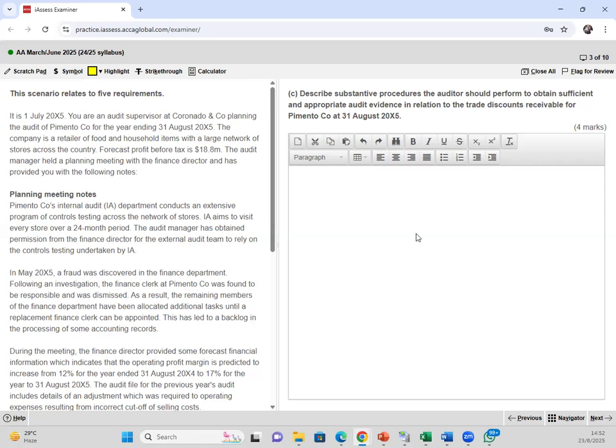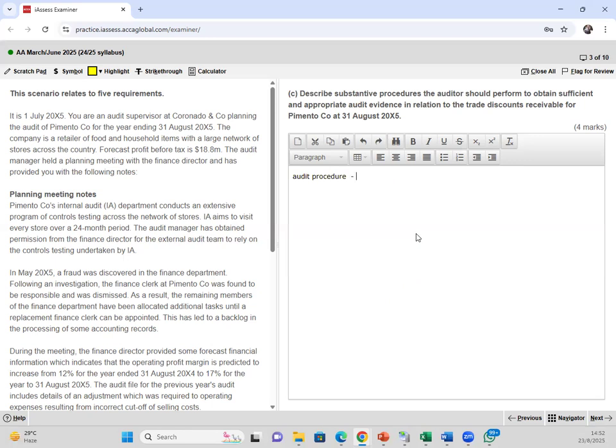For substantive procedures, remember, you must make sure the following is clear. Number one, what is the audit procedure? What should the auditor do?